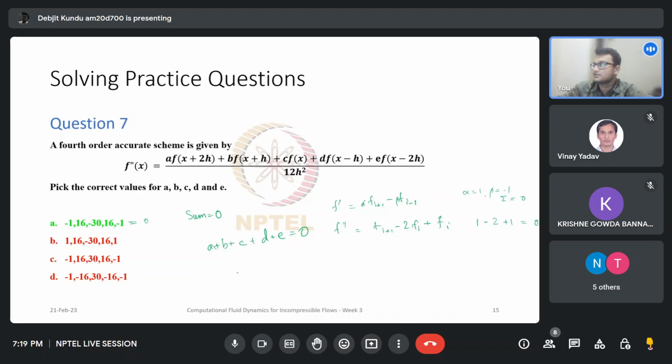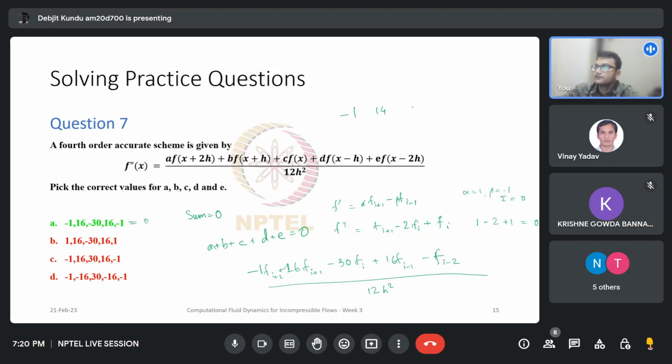Otherwise, let's say I have another option. I had -1, 16, -30, 16, and -1, with f i plus 2, f i plus 1, f i, f i minus 1, and f i minus 2, divided by 12 h square or so on. Let's say I had given another option like this.